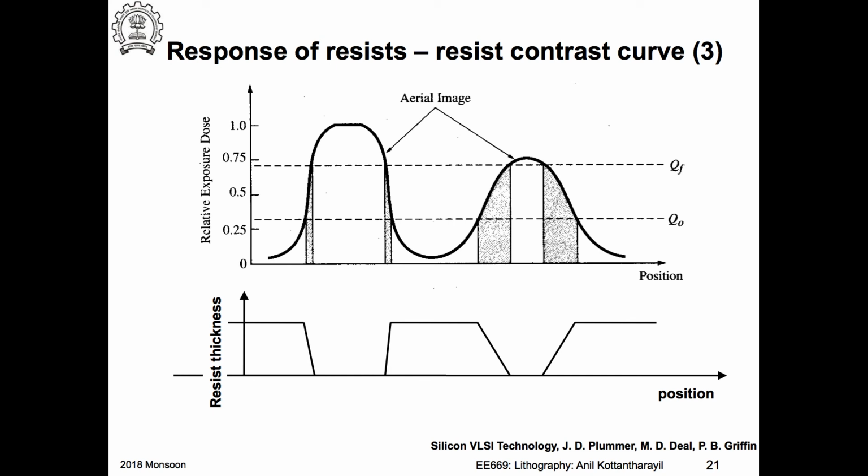This is something that we will discuss again maybe when we discuss ion implantation. So in ion implantation, I am implanting ions, right? And this is photoresist. The ions would have certain energy.